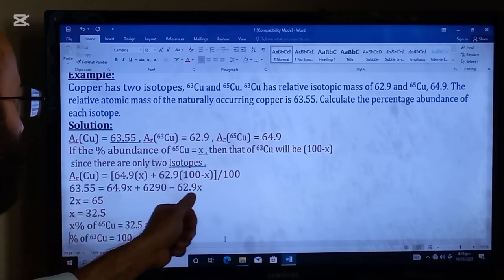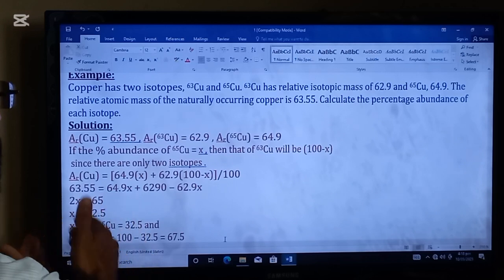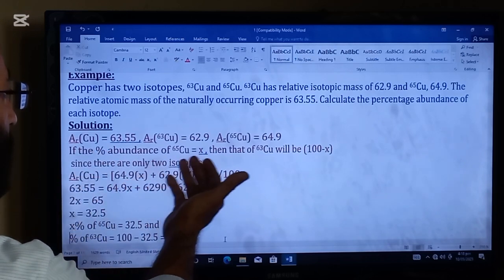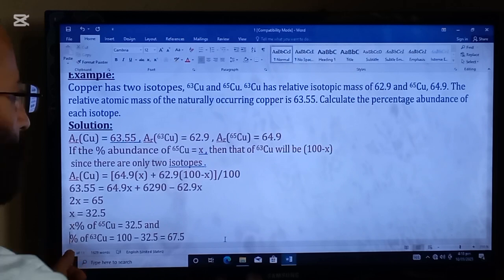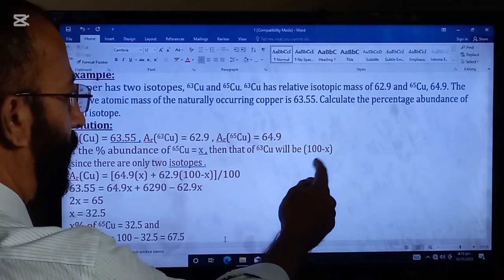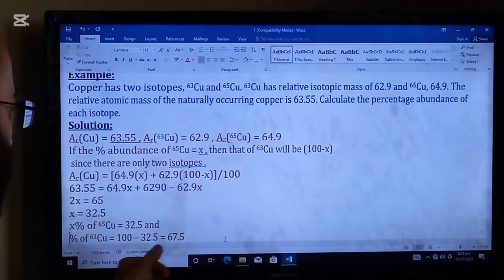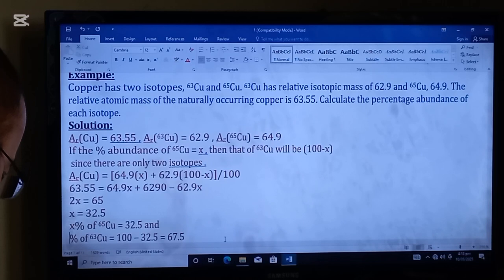So now solve it on the calculator, you will get the answer for X. And X is the percentage abundance of copper 65. Now this X will be placed in 100 minus X, and you will get the percentage abundance of copper 63.